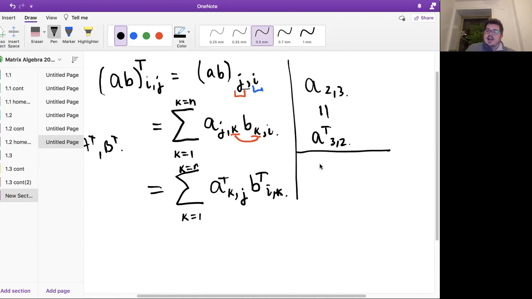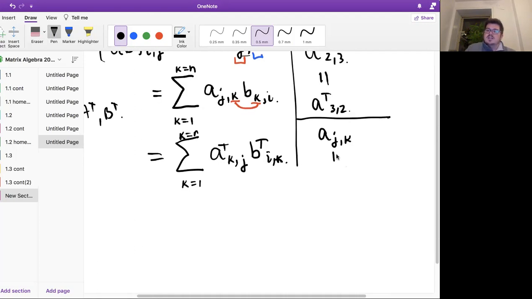So if I have the entry AJK, what is its entry in the transpose? KJ. So do you see that's what we did here? So AKJ, right now, there's no reason why I'm doing this.